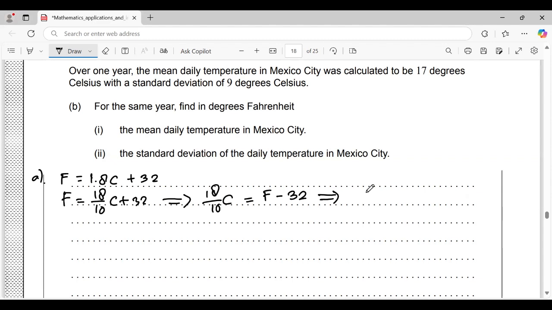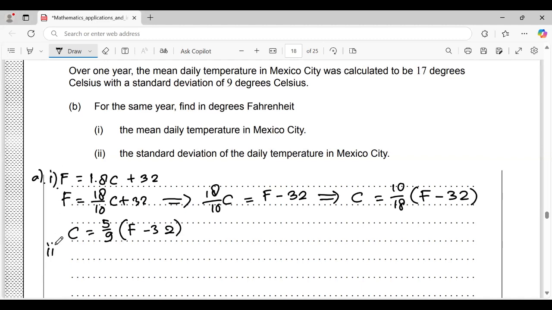So C equals 10 over 18 times (F minus 32), and simplifying 10 over 18 becomes 5 over 9. C equals 5 over 9 times (F minus 32). This is the formula for conversion from Fahrenheit to Celsius.